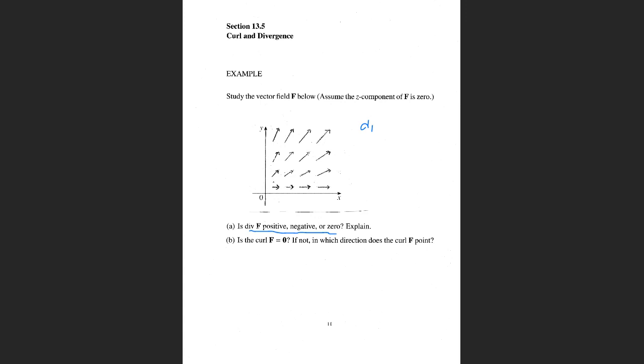Divergence of a vector field F is equal to the partial derivative of P with respect to X plus the partial derivative of Q with respect to Y plus the partial derivative of R with respect to Z. And our vector field F below here is equal to P times I plus Q times J. That's our vector field.